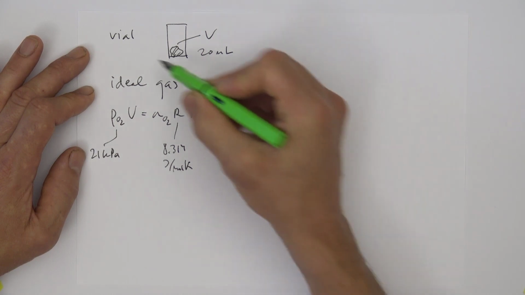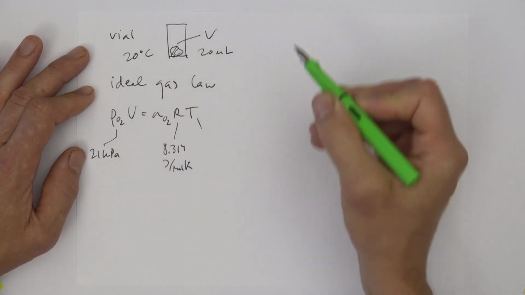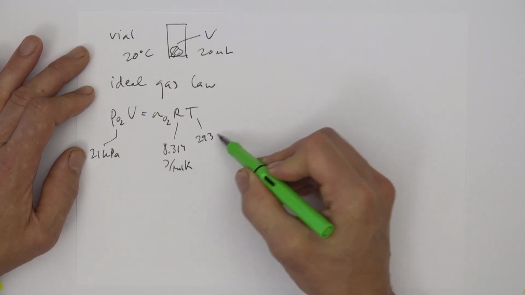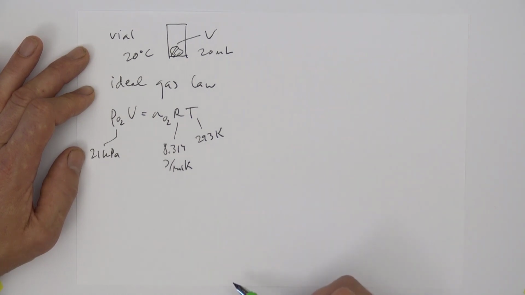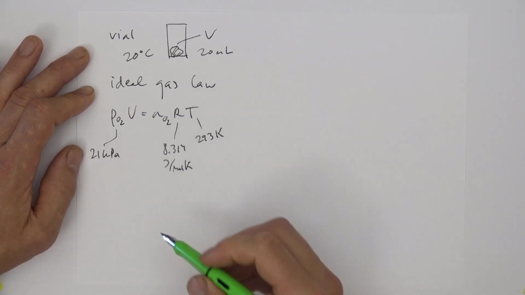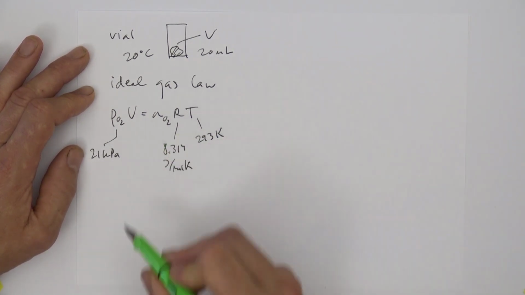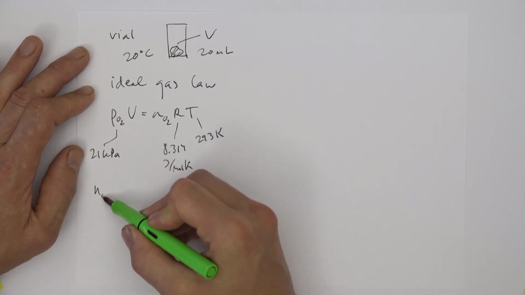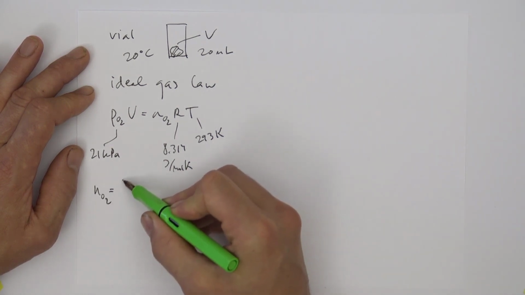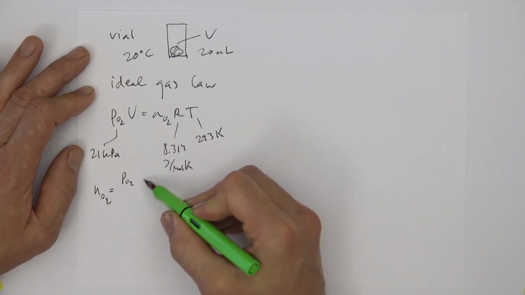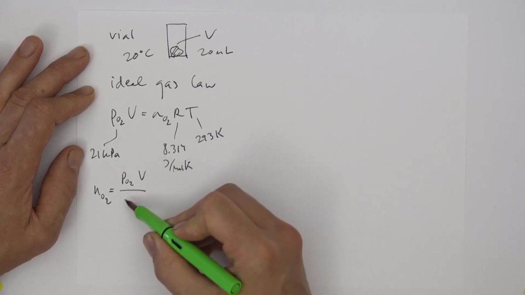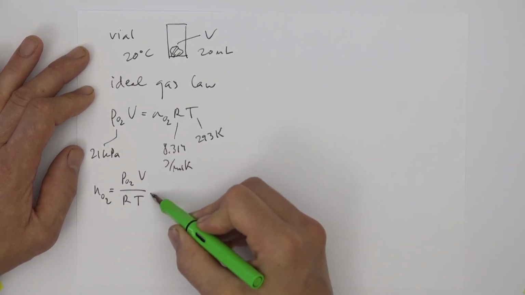Let's say we are doing an experiment at 20 degrees C, so then this is 293 K. So now we can calculate the amount of oxygen in a newly closed vial, where the oxygen has not been consumed yet.